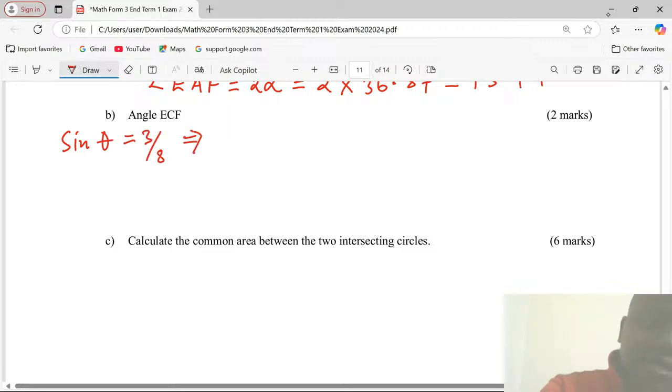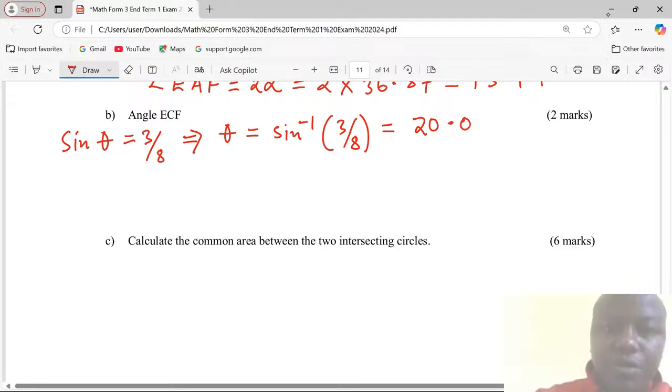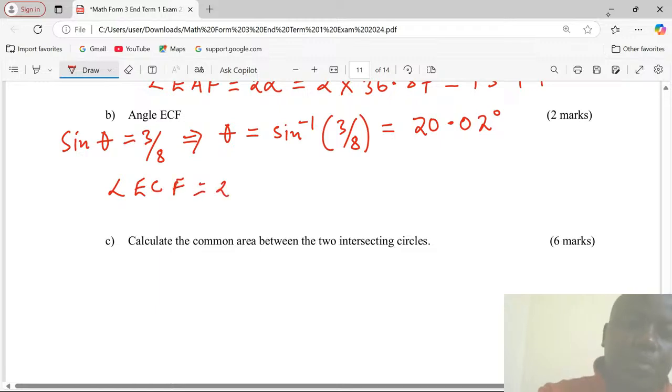Which implies that for us to get theta, we need a sine inverse of 3/8. Take shift sine 3/8. This is giving us 20.02 degrees. Now, angle ECF, whereby we need to multiply theta by 2. So it's 2 multiplied by 20.02, and this will give us 40.